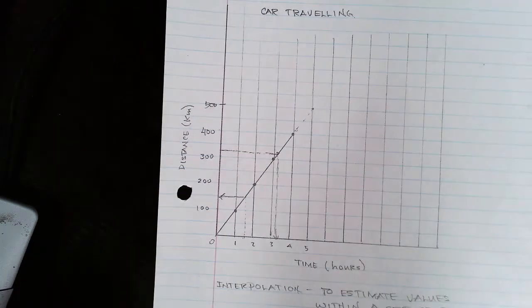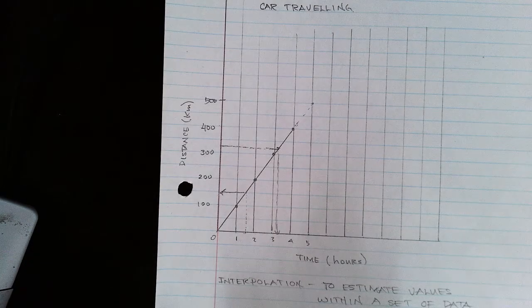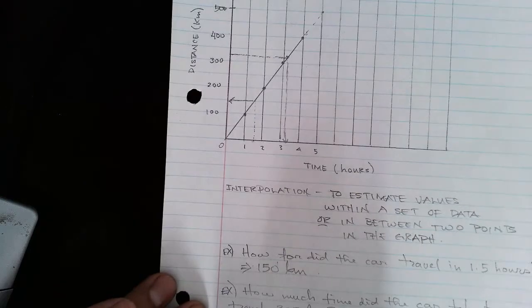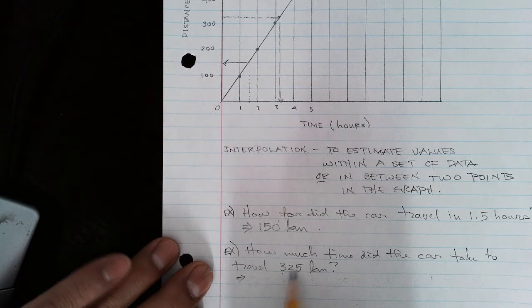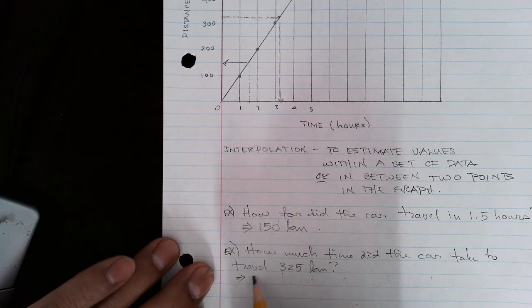That's our answer, and it makes sense because the way the graph is made, it's 1 hour for every 100 kilometers, so 325 kilometers would probably be 3.25 hours.